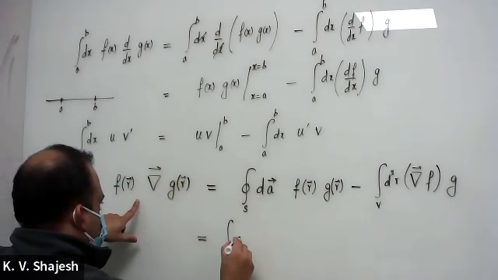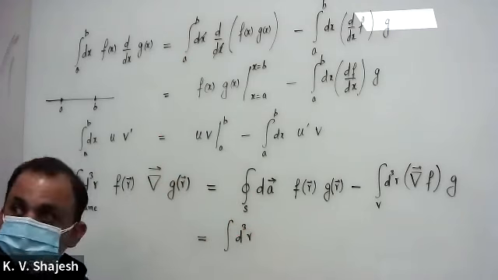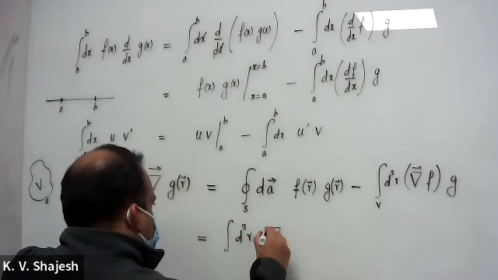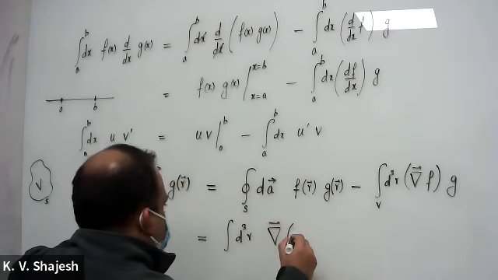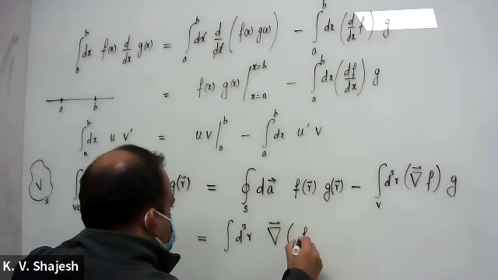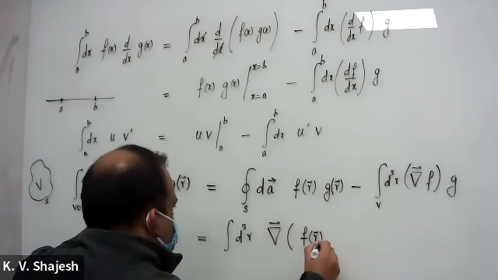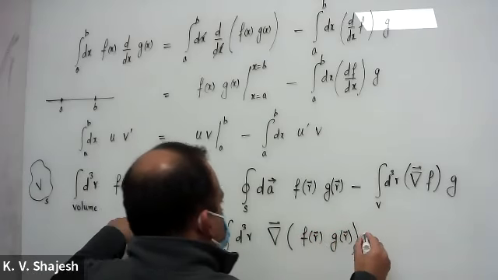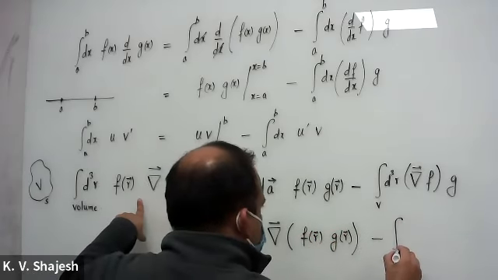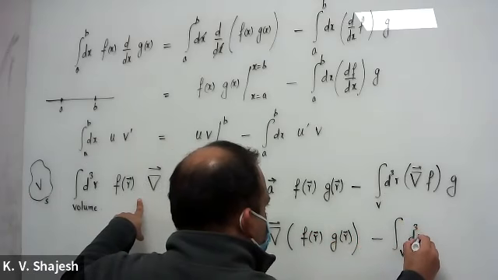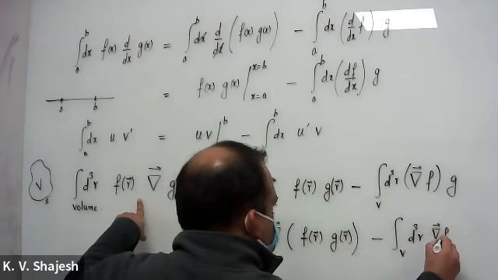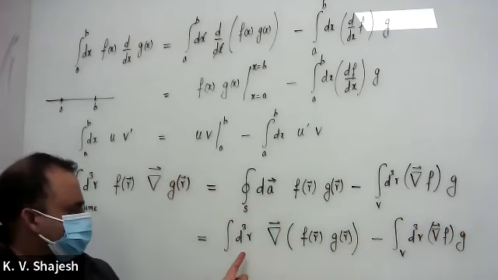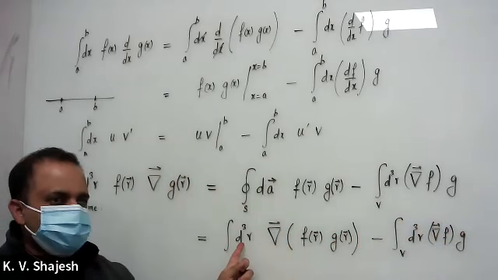So this is d cube r, the total gradient, F of r times g of r, and then minus this. That should be clear. And then the question is, how do you get this?